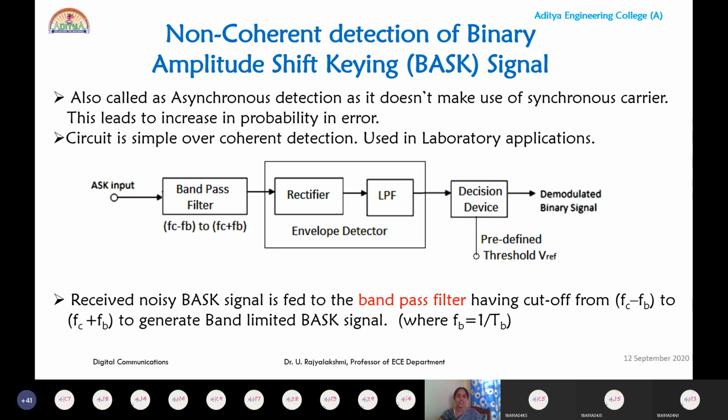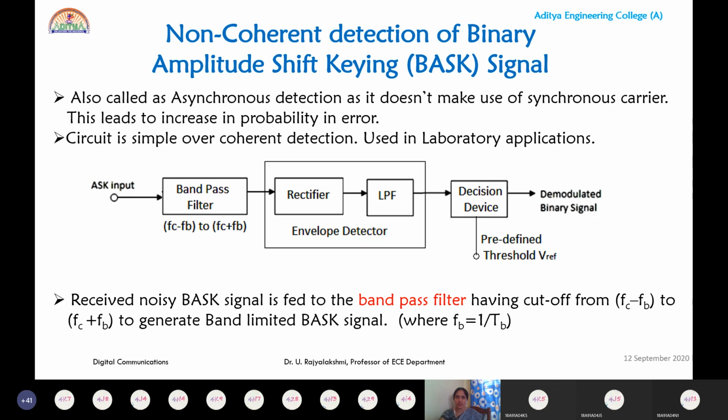If it is greater than the threshold, it will be 1. If it is less than the threshold, the data output is 0. That's why this type of non-coherent detection is used in laboratory applications, where it leads to a large probability of error.